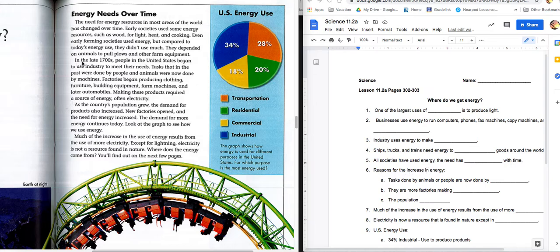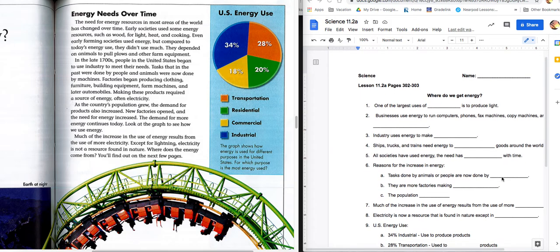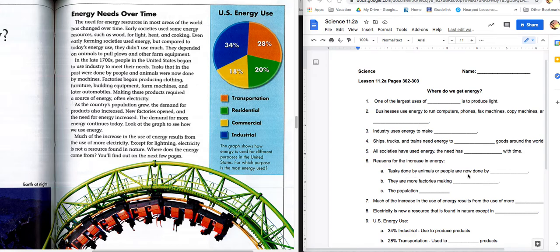Let's find out. In the late 1700s, people in the United States began to use industry to meet their needs. Tasks that in the past were done either by people or by animals were now done by machines. So reasons for an increase, especially in electrical energy, guys, is we used to do it ourselves, now we're doing it with machines.